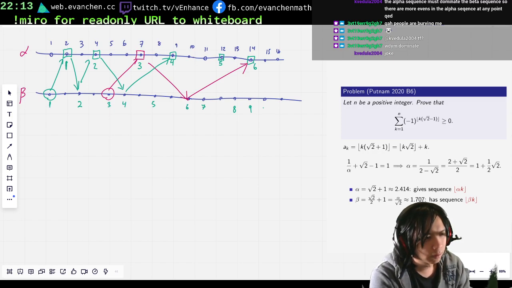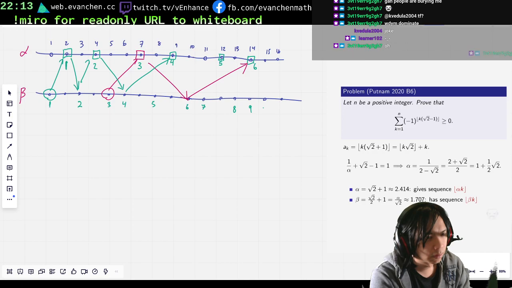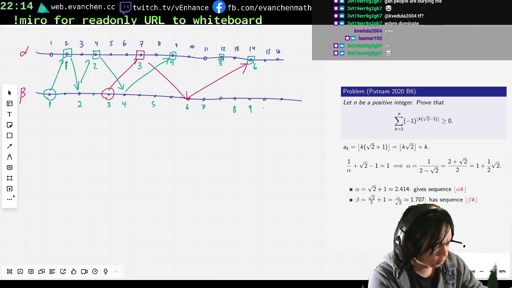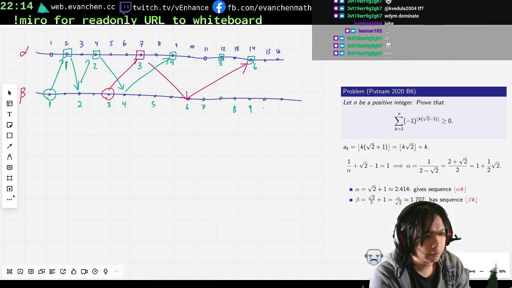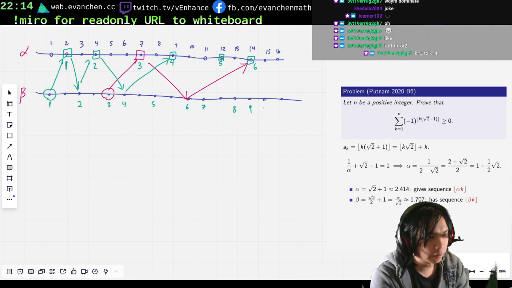Wait, no, what? 4, 7, 9. K equals 1 to k equals 2, k equals 3 to k equals 4.